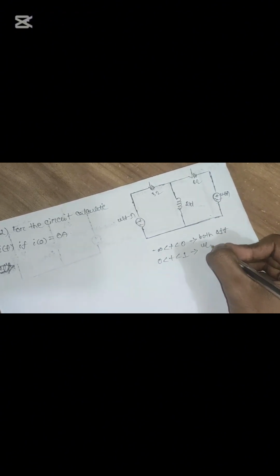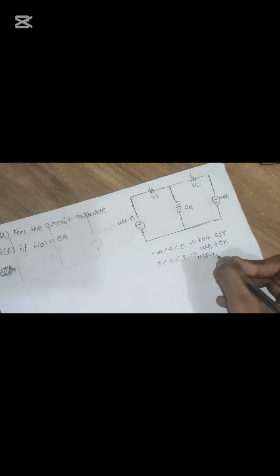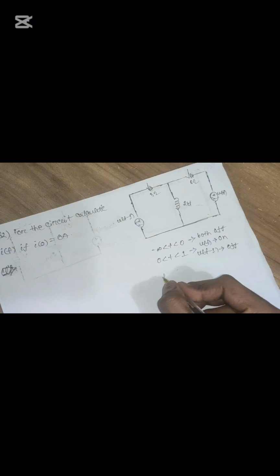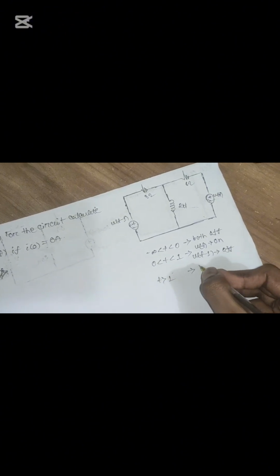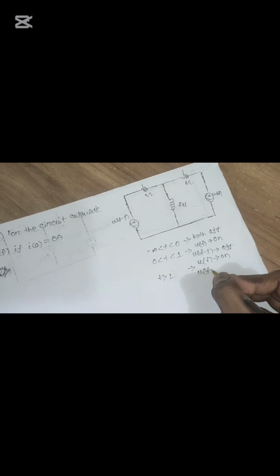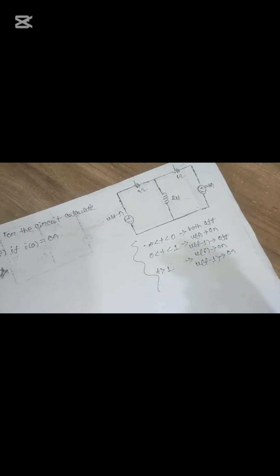So u(t) will be on and u(t minus 1) will be off. For t greater than 1, both of them will be on. We have to remember this.